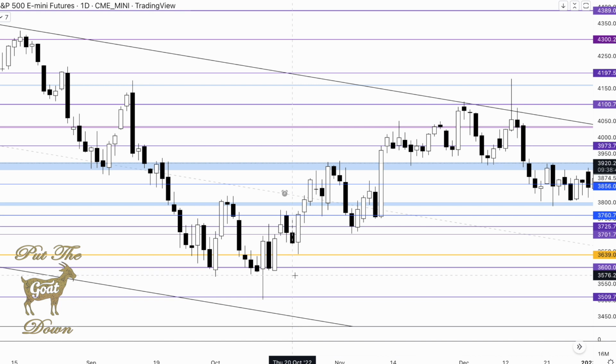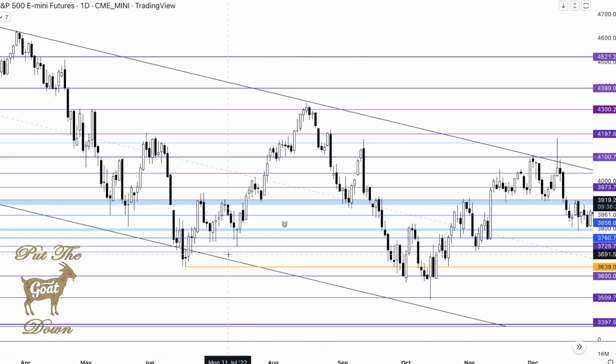On a TPO chart, you would see single prints or tails, and those things indicate that the market moved fast, and that if price were to return to that level, there's a likelihood that buyers are still waiting here to jump in.